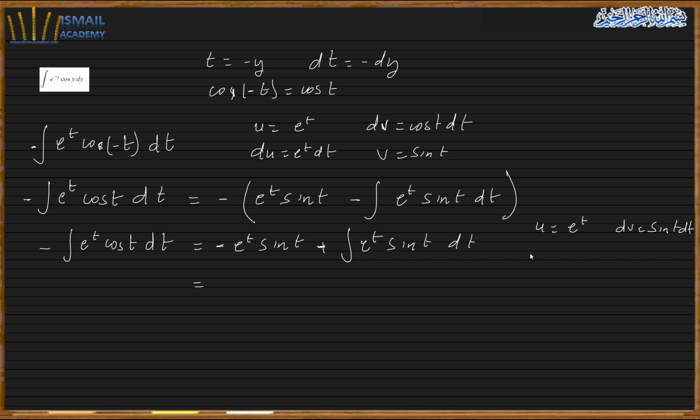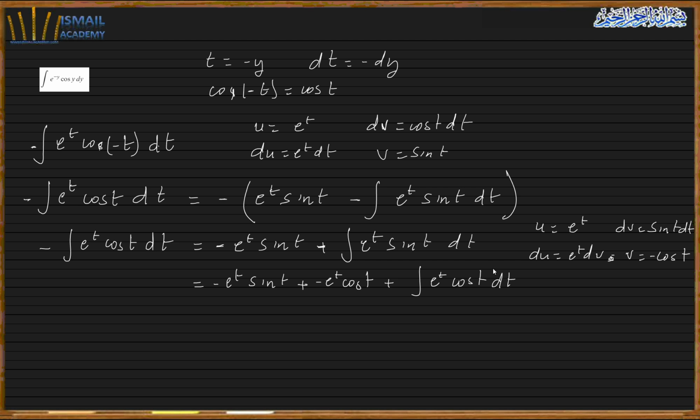So here du will be e to the t dt, and v will be minus cosine of t. So here I will have minus e to the t sine of t plus, and I will have minus e to the t cosine of t, and minus becomes positive, so it's going to be plus e to the t cosine of t dt.